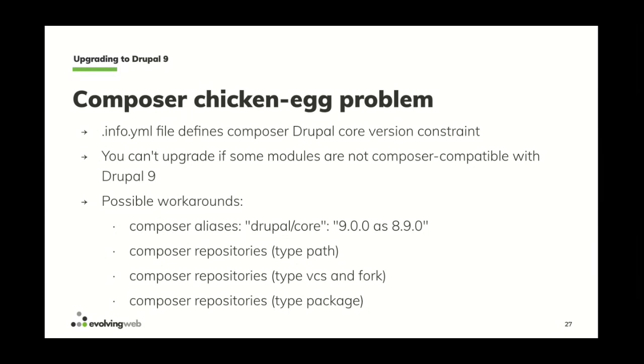So the first one, composer aliases. You can add an aliases section to your composer.json file, and you alias the Drupal 9 version that you want to get to an 8.9 version, so that when it tries to get this Drupal 9 version, Composer will treat that as 8.9, and it will work because it won't get any dependency error now.